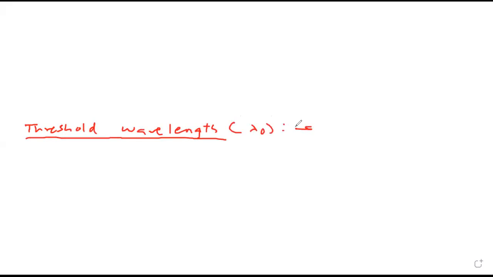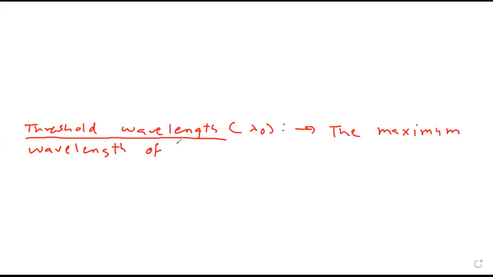Then threshold wavelength, denoted by lambda 0. The maximum wavelength, maximum meaning at most; anything less will work but at most this much, which we are going to write.